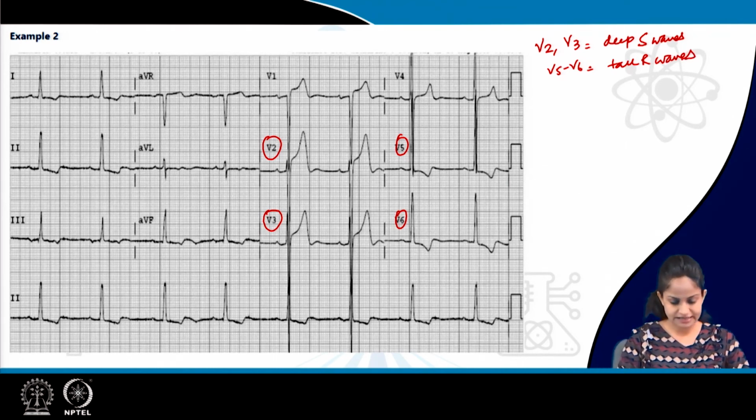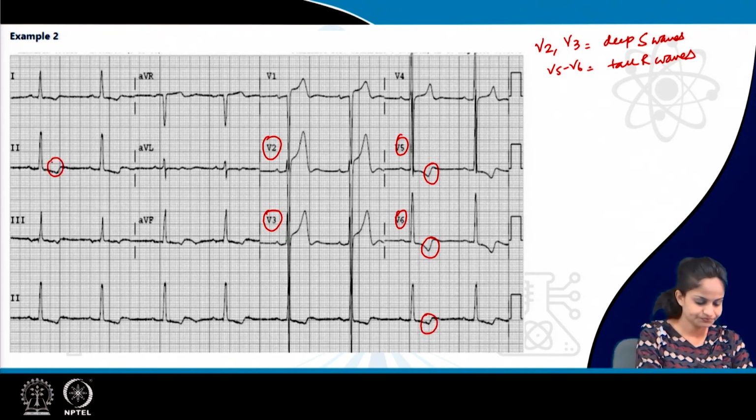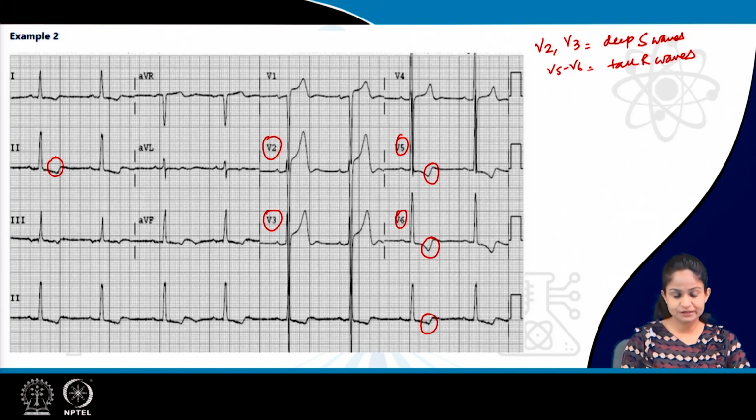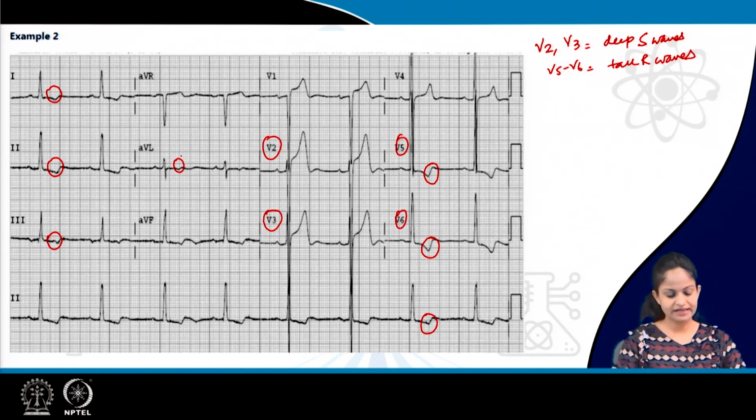We are seeing ST segment depression in V5, V6, lead 2, and ST segment depression and T wave inversion in lead 2, lead 3, and very much in AVL. So, secondary ST changes we see in 1, 2, 3, AVL, V5 and V6.